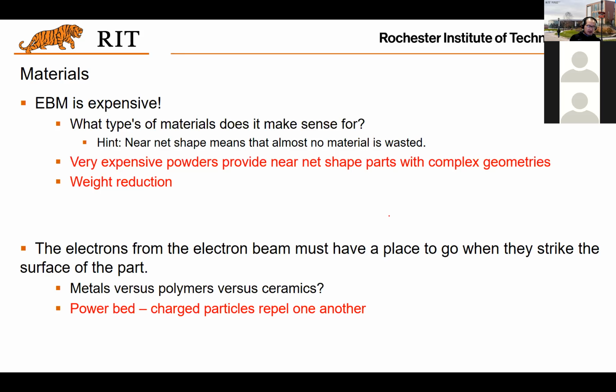On the other hand, plastic powders are not applicable for this process because the charged particles repel one another if the electron beam hits the surfaces. And that's why the metal ones can be used and the plastic ones cannot.